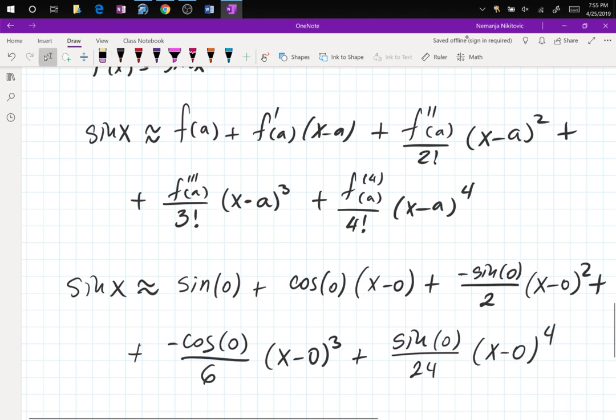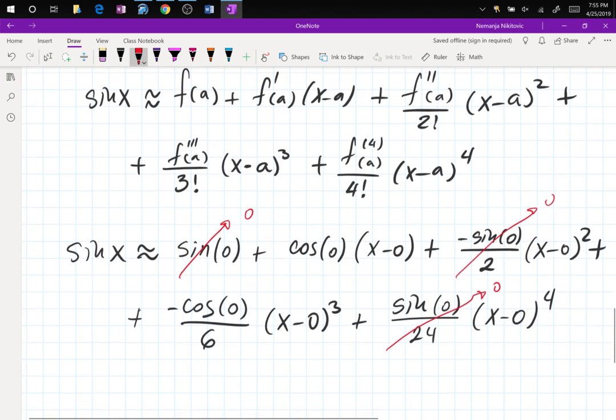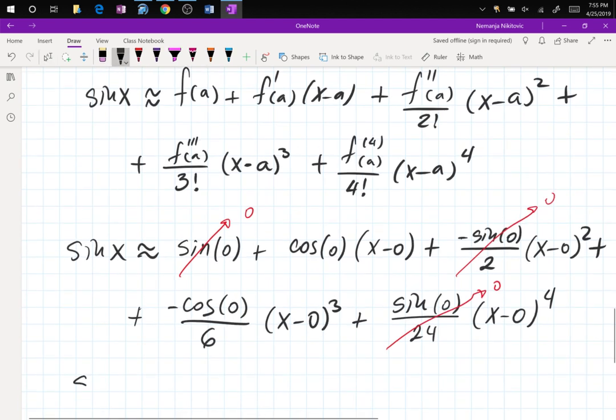What's sine of 0? So all of the terms that have sine 0 die. This term is 0, this term is 0, and this term is 0 because they all have sines. Look what my sine x is approximated by. What's cosine of 0? 1 times x.